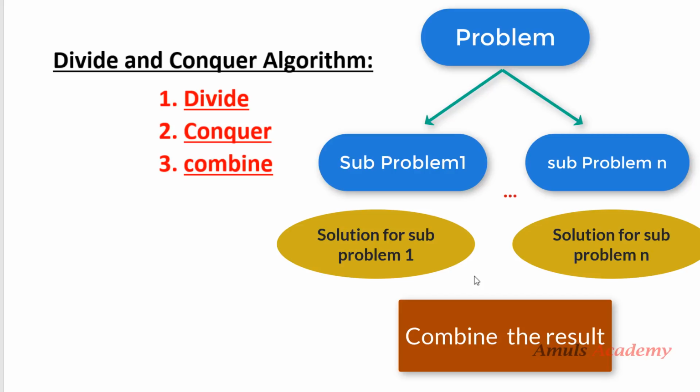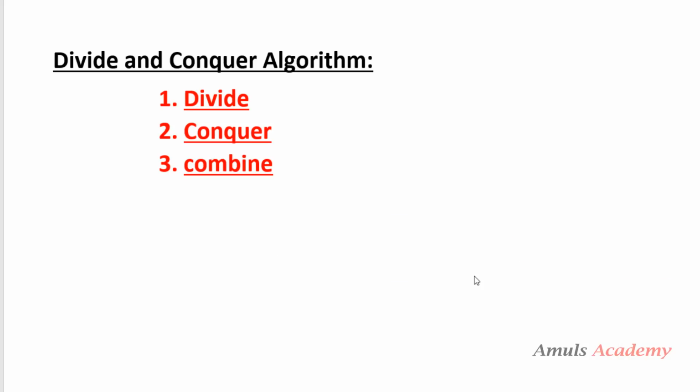As I said, quicksort is also a divide and conquer type of algorithm. In the divide step, first we rearrange the list and divide it based on the pivot element.